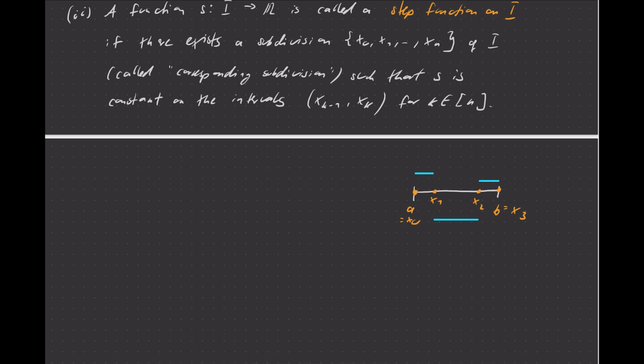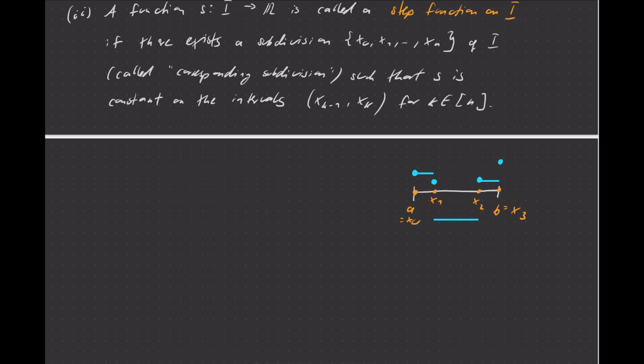We do not say anything about the function values on the interval boundaries. So for x1, for example, the value may be here. For x0, it may be here. For x2, it may be here. For b, it may be here. That doesn't really matter, as long as it's constant on the interior of that interval, on the open interval. So that's a possible step function corresponding to the subdivision of I that we have seen before.